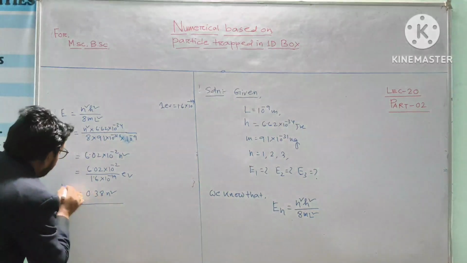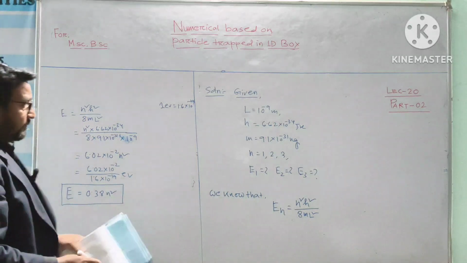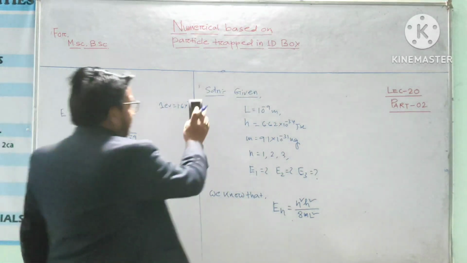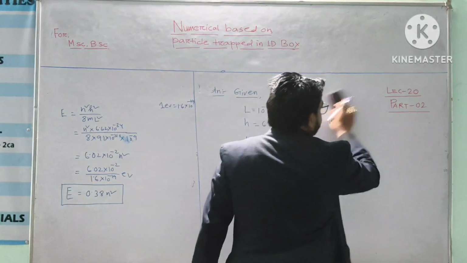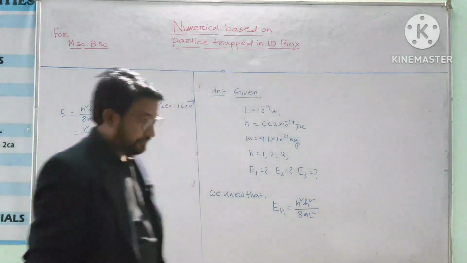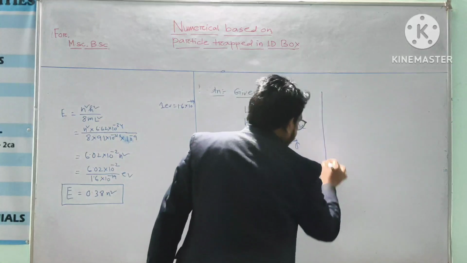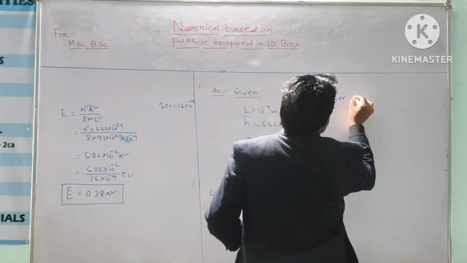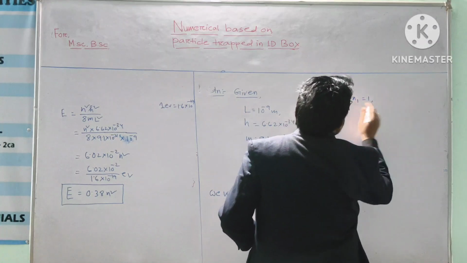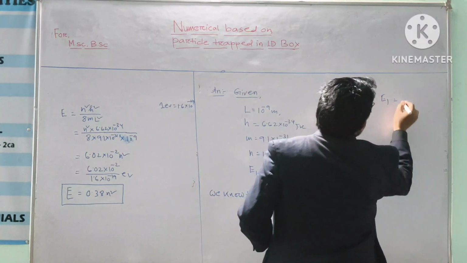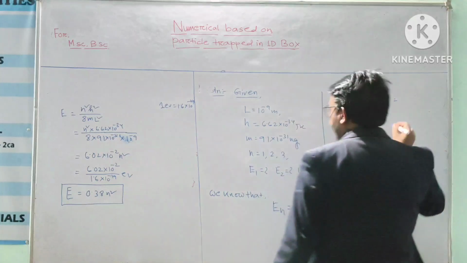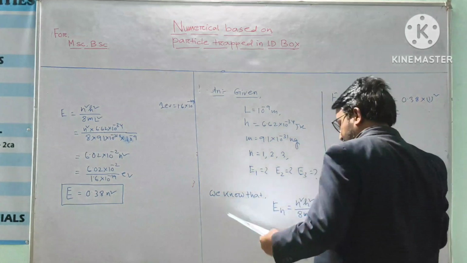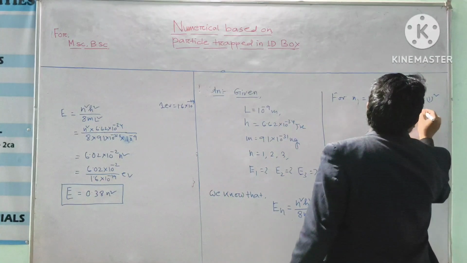Now we are going to find out the corresponding energy for n equal 1, 2, 3. Again, for n equal 1, then E1 equal 0.38 into the value of n equal 1 square. So finally we can write 0.38 electron volt.